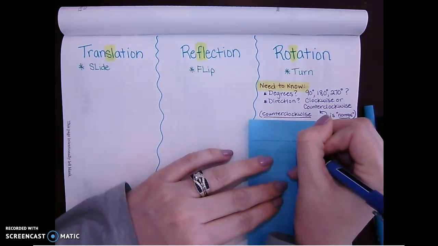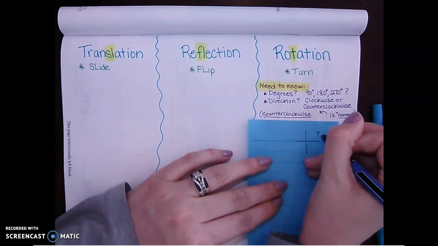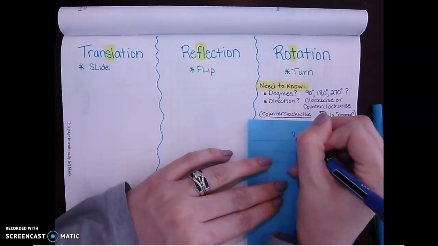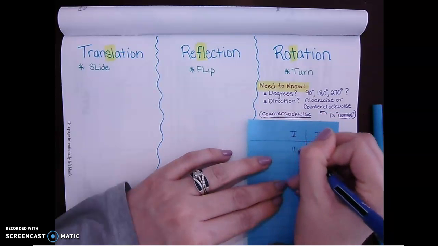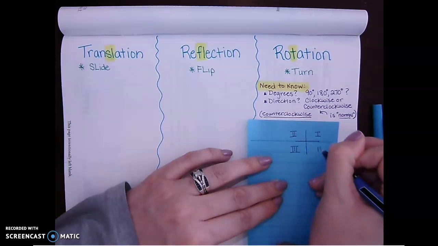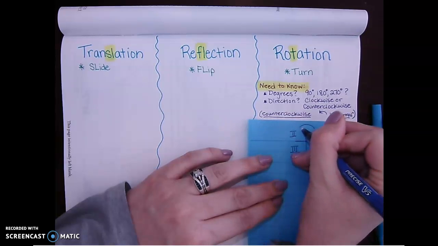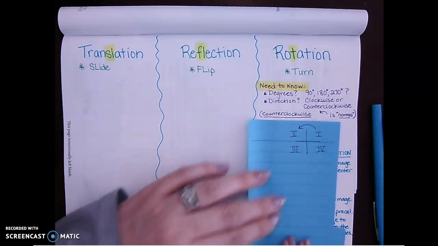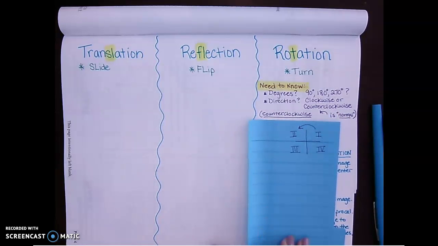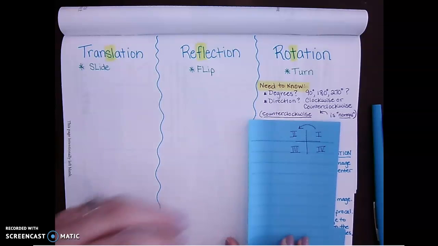So just a quick sketch. This is quadrant 1, this is quadrant 2, quadrant 3, and quadrant 4. And so actually when we travel from quadrant 1 to quadrant 2 in math, that is considered normal. And so that's counterclockwise, and so when we're rotating, a normal direction would be counterclockwise.